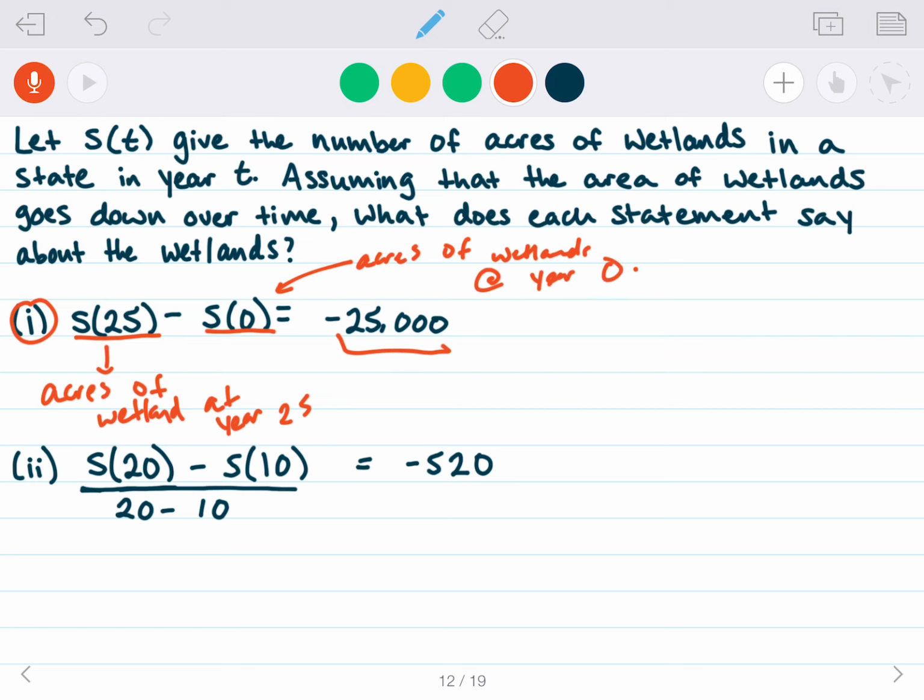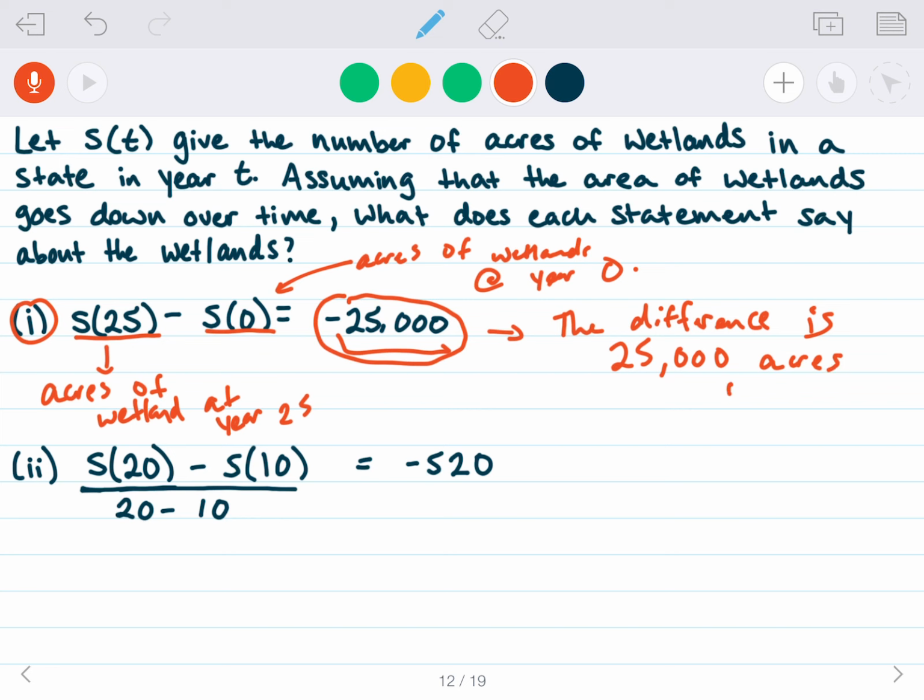Okay? And so the difference between those is going to be negative 2,500, right? So we're decreasing over time. So the difference is 2,500, or not 2,500, sorry, 25,000 acres over a period of how many years?